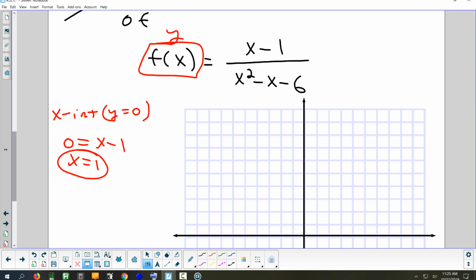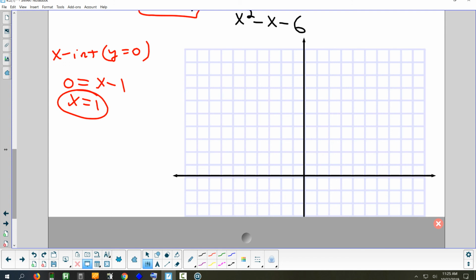If that was x minus 3 in the top, this graph wouldn't have an X-intercept. You can't plug in a number that would cause you to divide by 0 and say that's your intercept. But 1 does not cause you to divide by 0. So the graph is going to cross right there. By itself, that doesn't tell me very much. That's all I know.